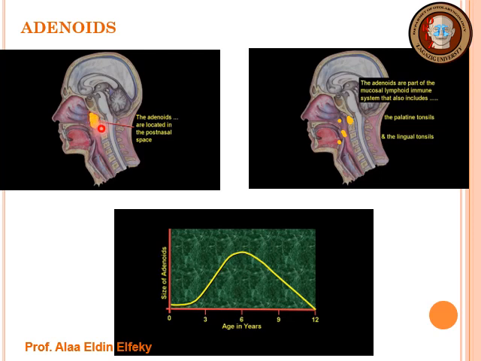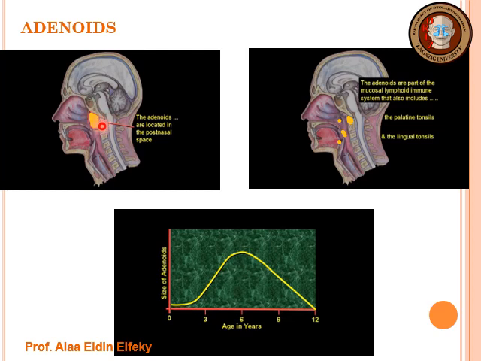Nasopharyngeal tonsil, it's a site at the angle between the prevertebral muscles related to the first cervical vertebrae and the base of the skull.